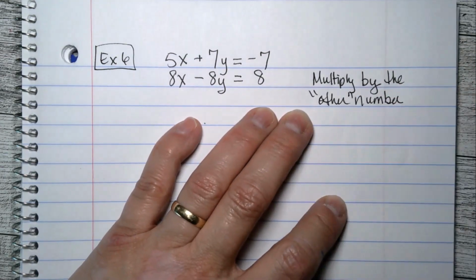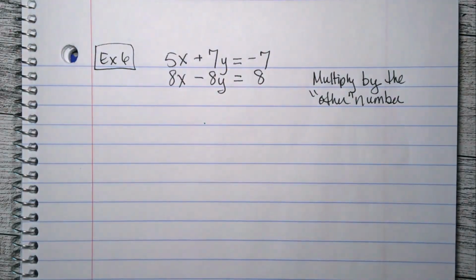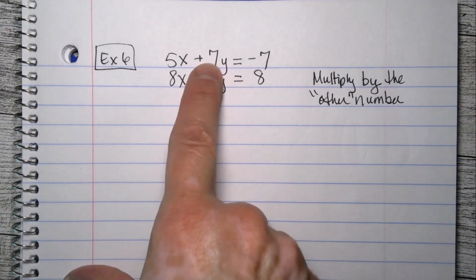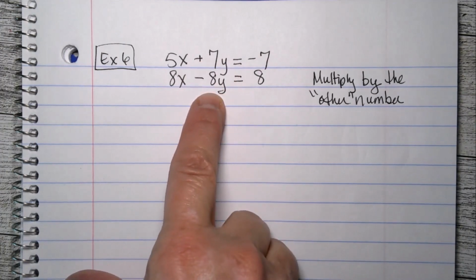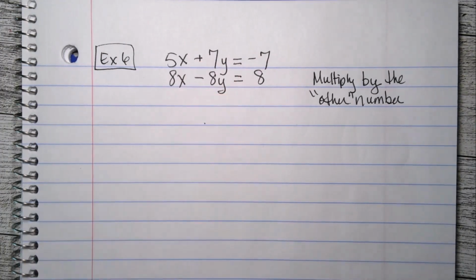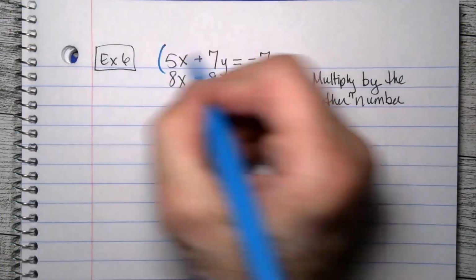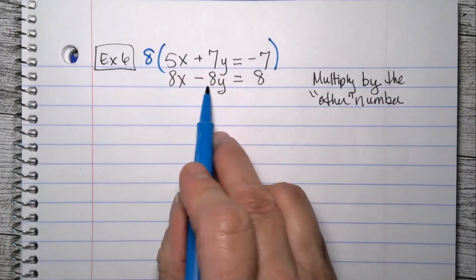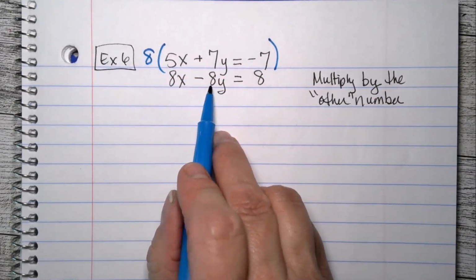So in this case, let's look at the y's. Do you guys see how this guy's positive and that guy's negative, but the numbers don't match? So what I'm going to do is I'm going to multiply the top one times 8. I got that from right here. What do you mean?